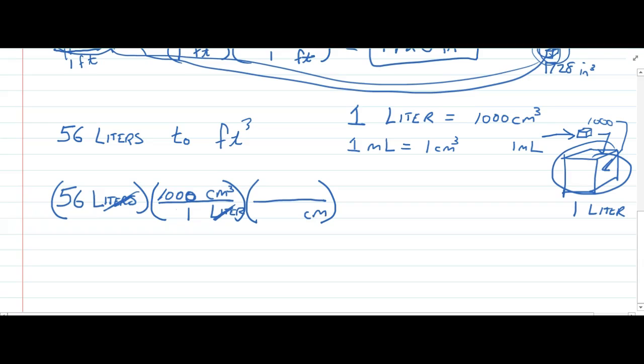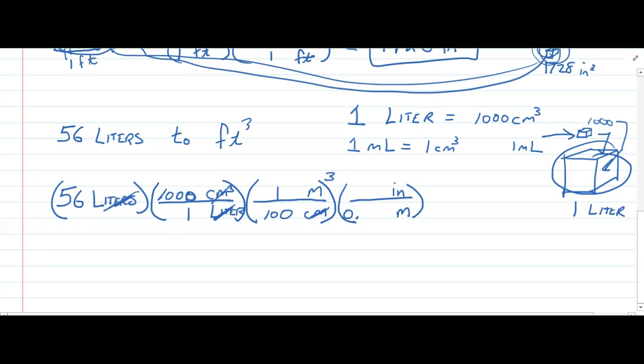Centimeters to meters. Well, I know that there's 100 centimeters in 1 meter. But this centimeter on the bottom is not going to cancel with the centimeter in the numerator until I cube it. Now it'll go away. Now we have meters to deal with. Meters into inches.